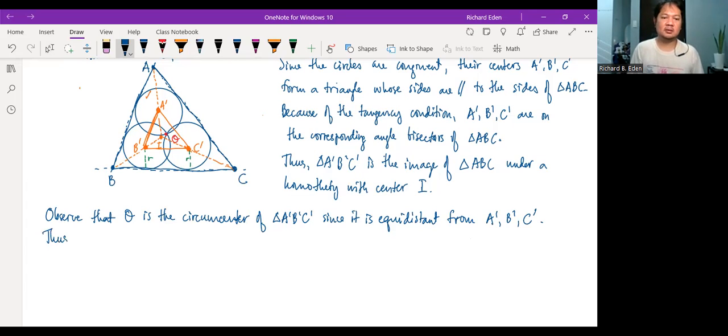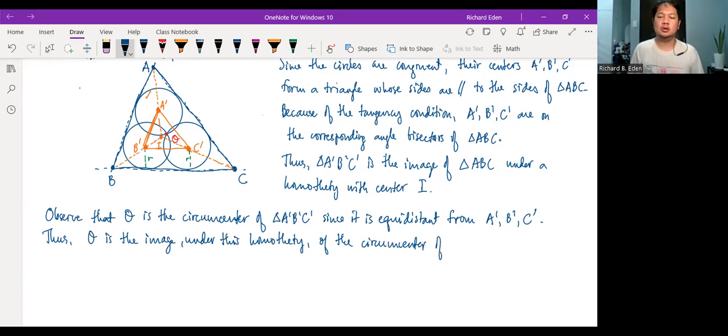Thus, O is the image under this homothety of the circumcenter of triangle ABC.